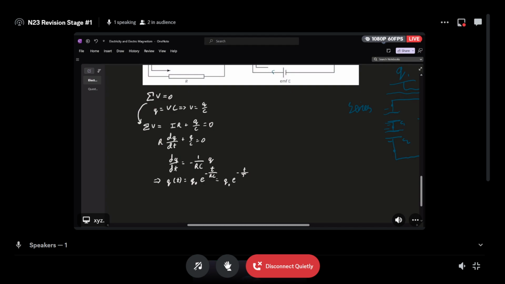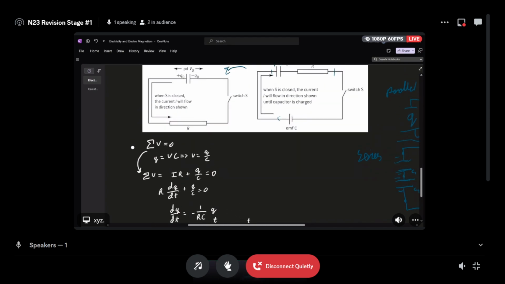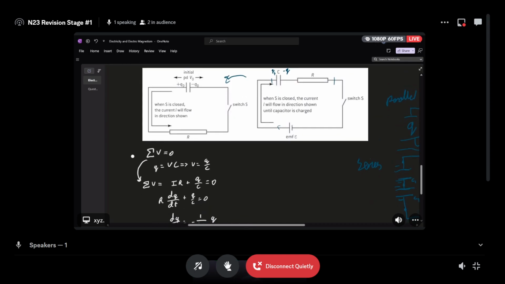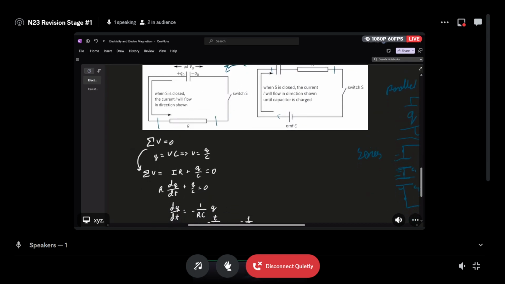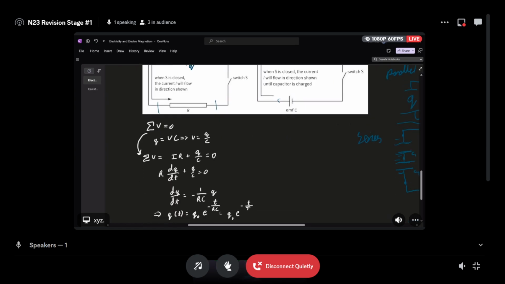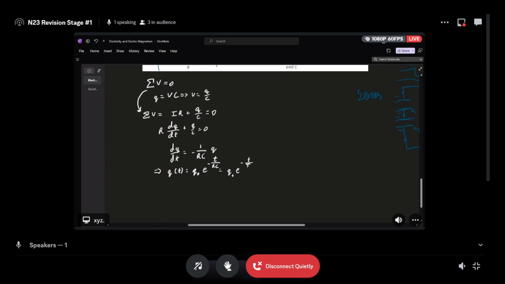It's essentially Kirchhoff's voltage law to allow us to use this resistor as well as the charge on this capacitor to determine how charge is changing over time. And then we get a differential equation for charge over time, and then we solve it.